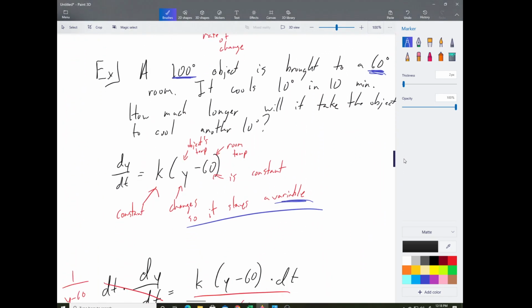So, some helpful information here. And I know this is getting kind of busy with all my colors, sorry about that. But we know that initially our object was 100 degrees, and we know it cools 10 degrees in 10 minutes.